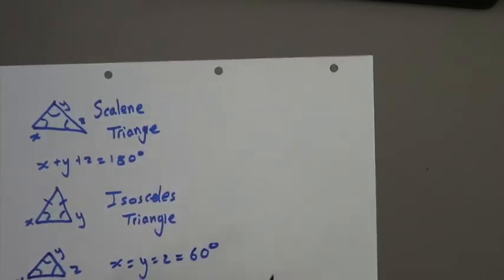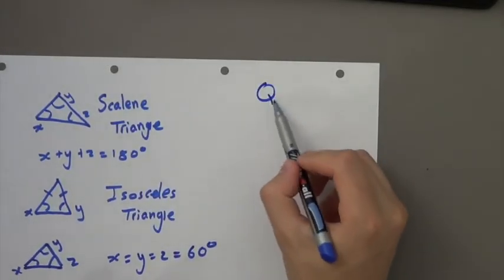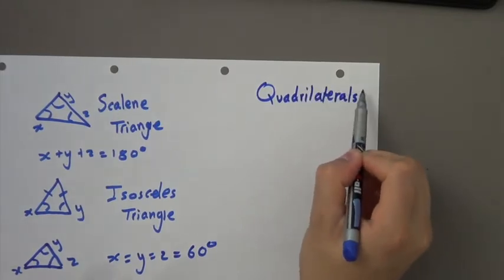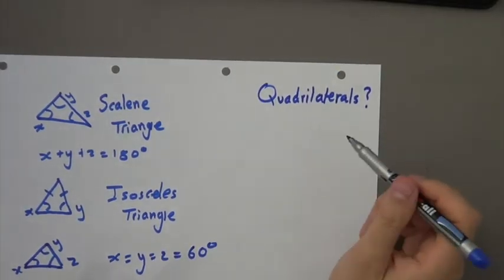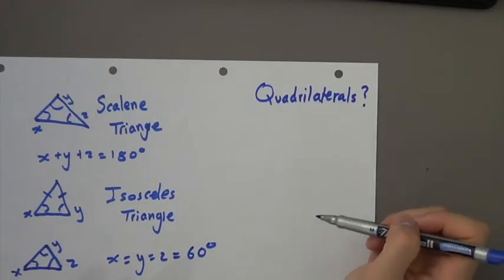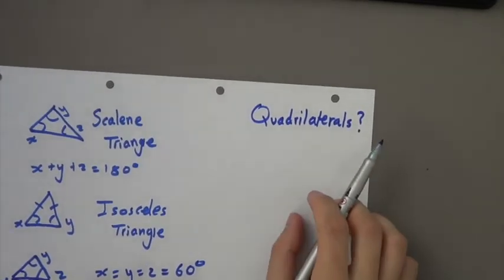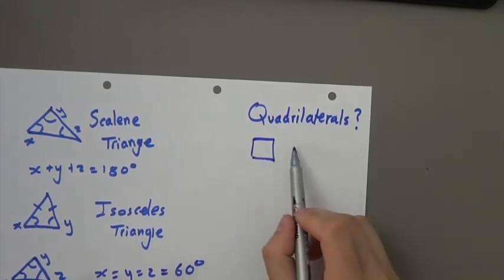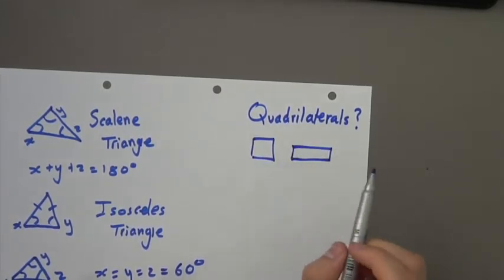Right, what are quadrilaterals? Now, quadrilaterals are basically four-sided shapes. Okay, so the most common one is a square. Then we've got a rectangle.